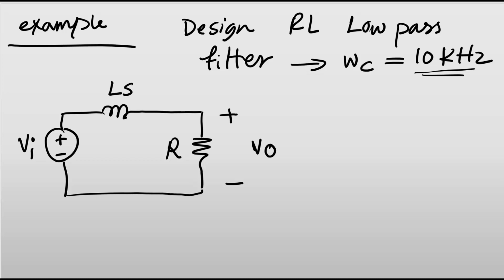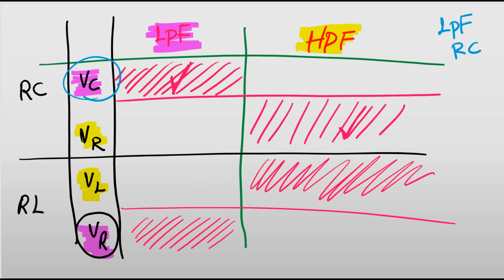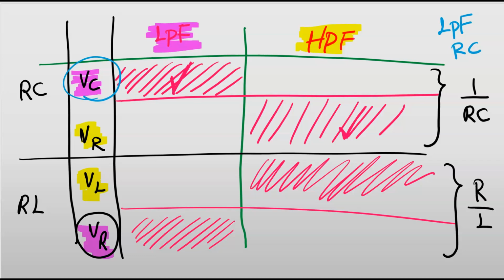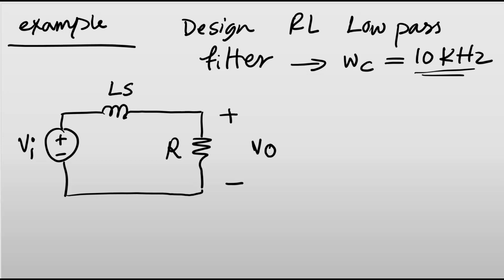So in order to find the cutoff frequency, I know that the cutoff frequency in our RC circuit is equal to 1 over RC, and in our RL circuit, it doesn't matter if it's low pass or high pass, it's going to be equal to R over L. So what I know here is that R over L, which is my cutoff frequency, is equal to 2 pi multiplied by 10k.